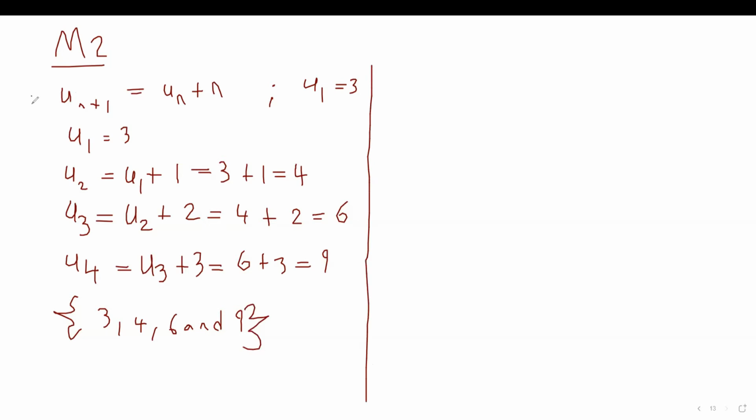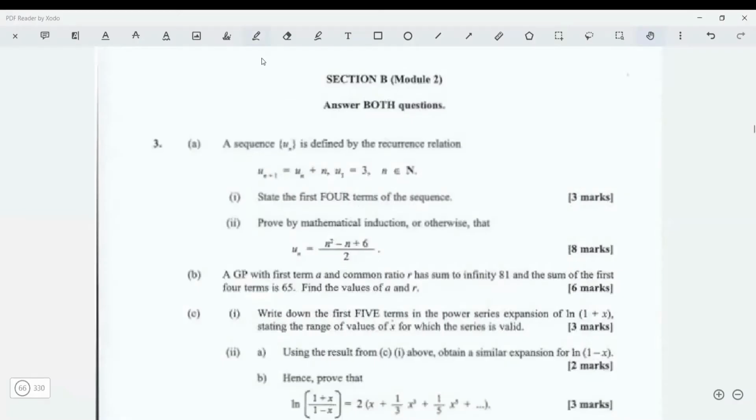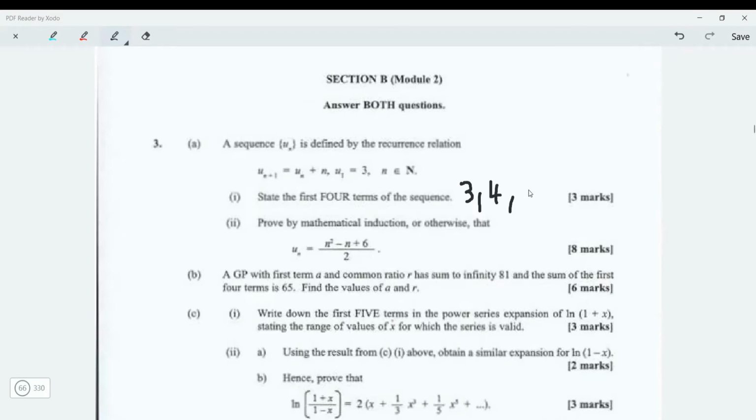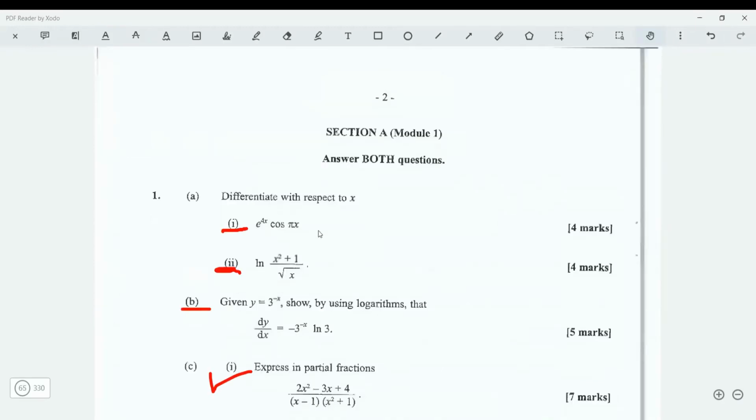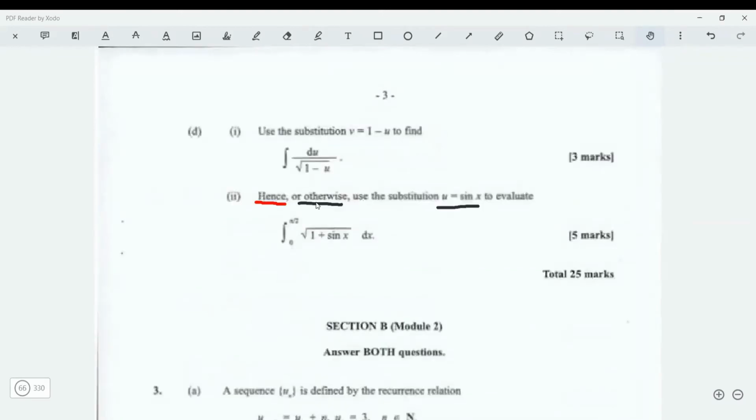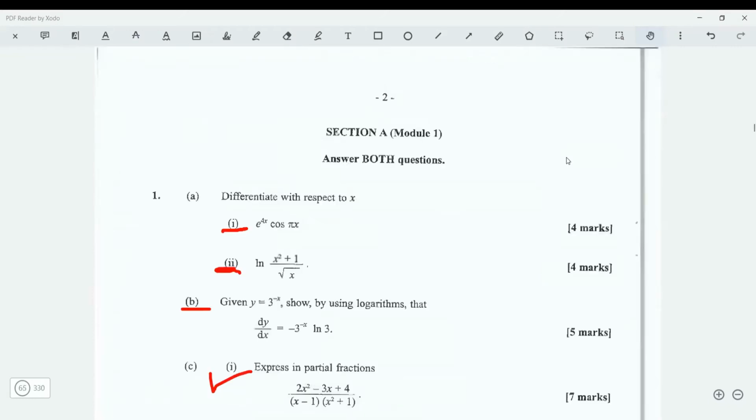So that's part 1. So list out the first 4 terms. 3 marks for that, you know. 3 marks to write the first 4 terms, just for writing 3, 4, 6, and 9. Now this is why I don't like keeping a Marika. Look at this. This is 3 marks. And you're telling me the integration that we did was also 3 marks? Oh yeah, the integration is 4. The differentiation was 4 and this is 3.